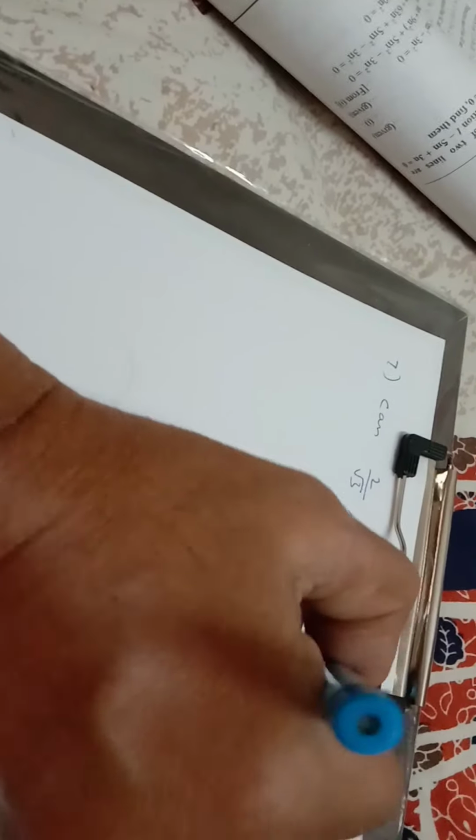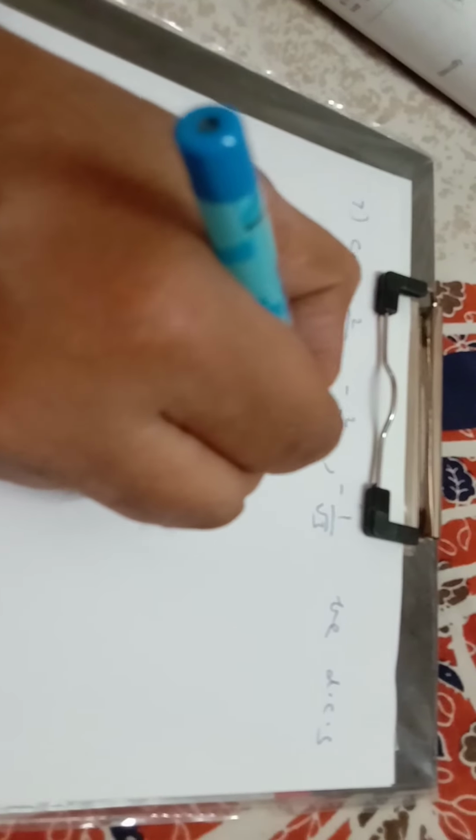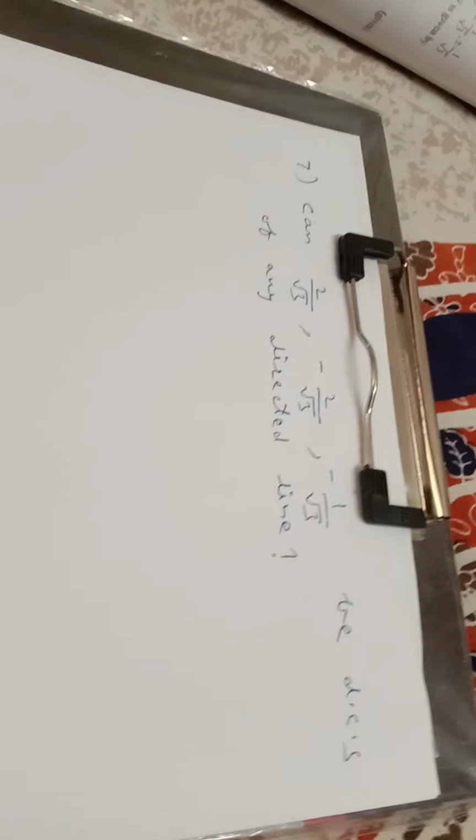Can 2 by root 3, minus 2 by root 3, minus 1 by root 3 be direction cosines of any directed line? So we have to find whether these can be direction cosines of any line in space.